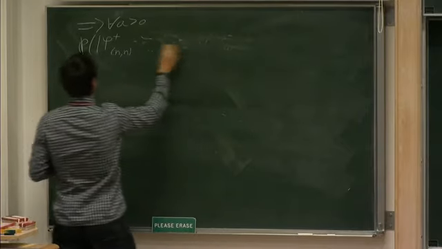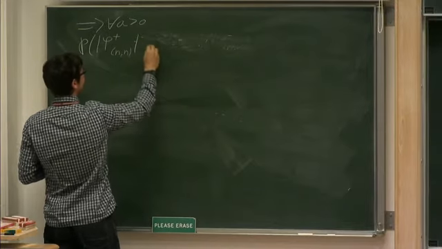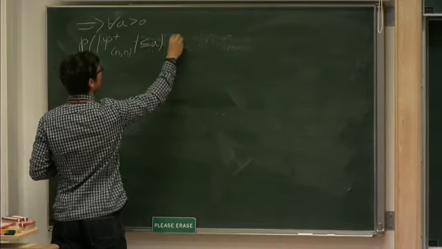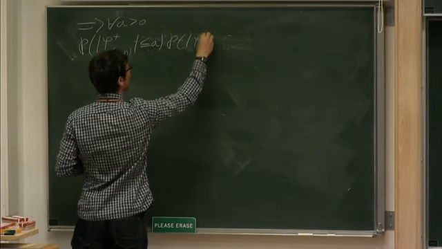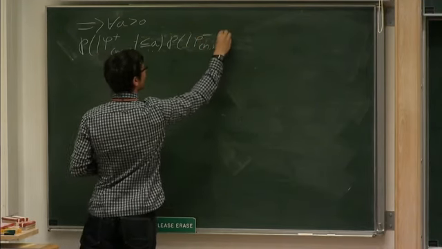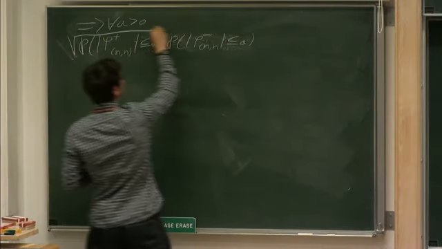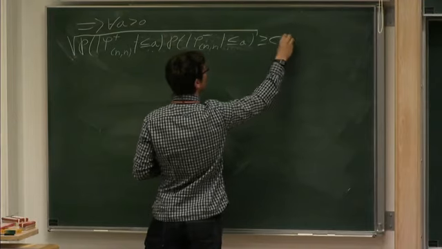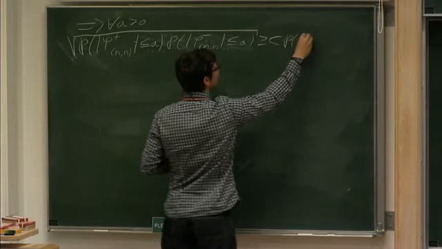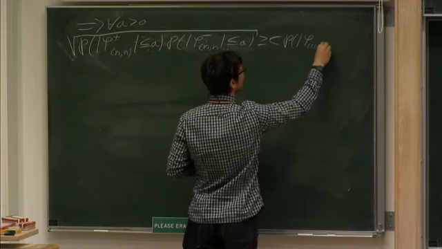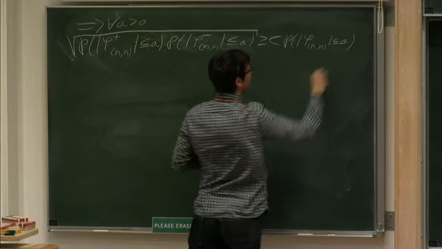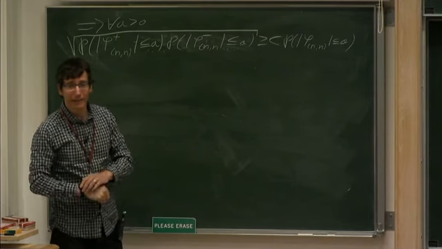The probability that phi plus at nn is less than or equal to a times the probability that phi minus at nn is less than or equal to a. The geometric average of these is bigger or equal to a constant times the probability that phi at nn is less than or equal to a, where now I do think of phi as a random function.